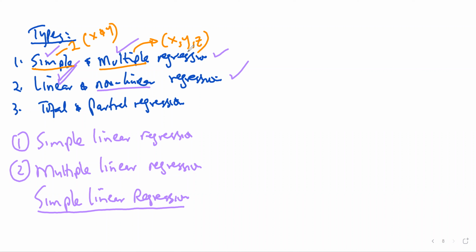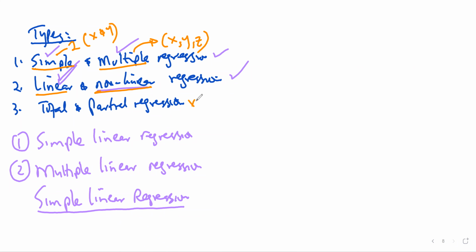That's multiple regression. When we talk about linear regression, this is a type of regression where we assume that the variables have a linear relationship. In other words, the relationship between or among the variables can be represented by a straight line. The non-linear regression is where we assume that the relationship between or among the variables is non-linear. It's either quadratic, cubic, exponential, logarithmic, and so on and so forth.